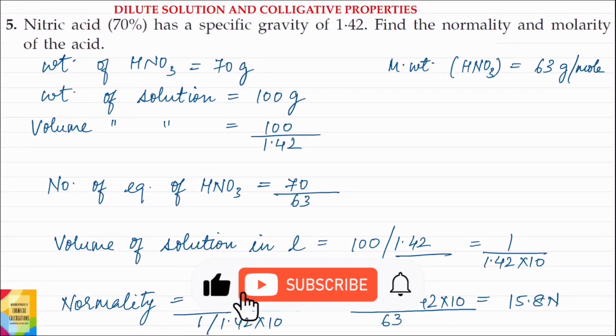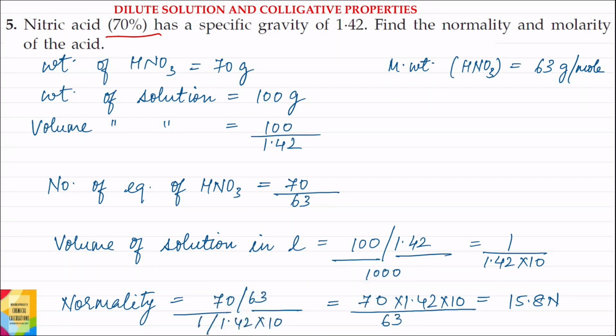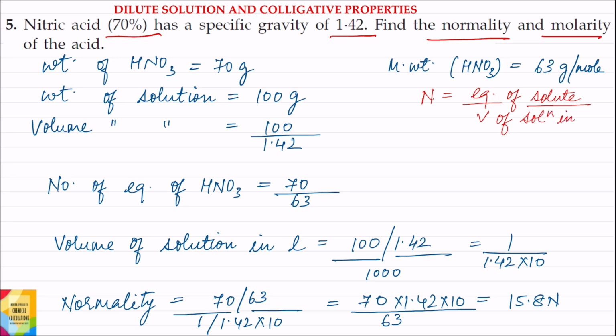Question 5. Nitric acid 70% has a specific gravity of 1.42. Find the normality and molarity of the acid. Now first of all, the formula for normality. Normality is equivalents of solute divided by volume of solution in liters.